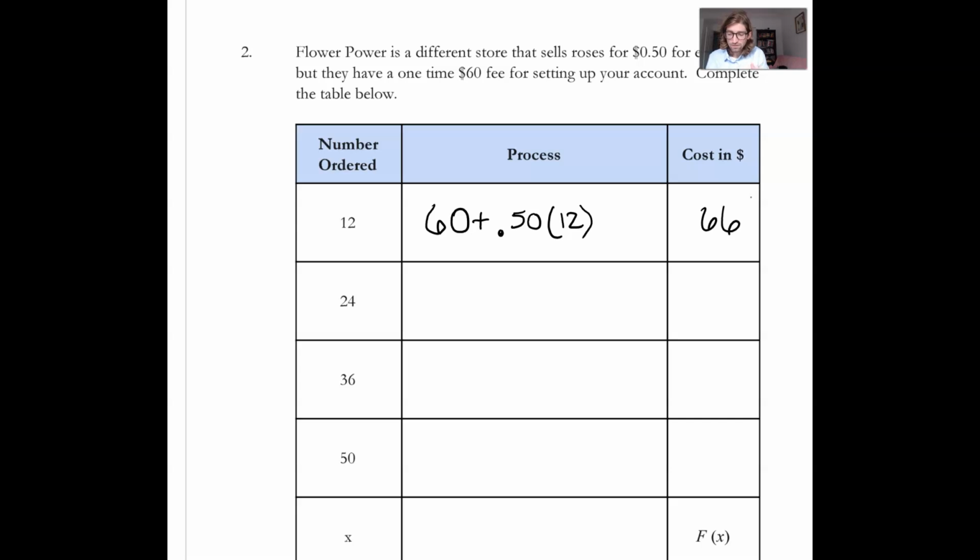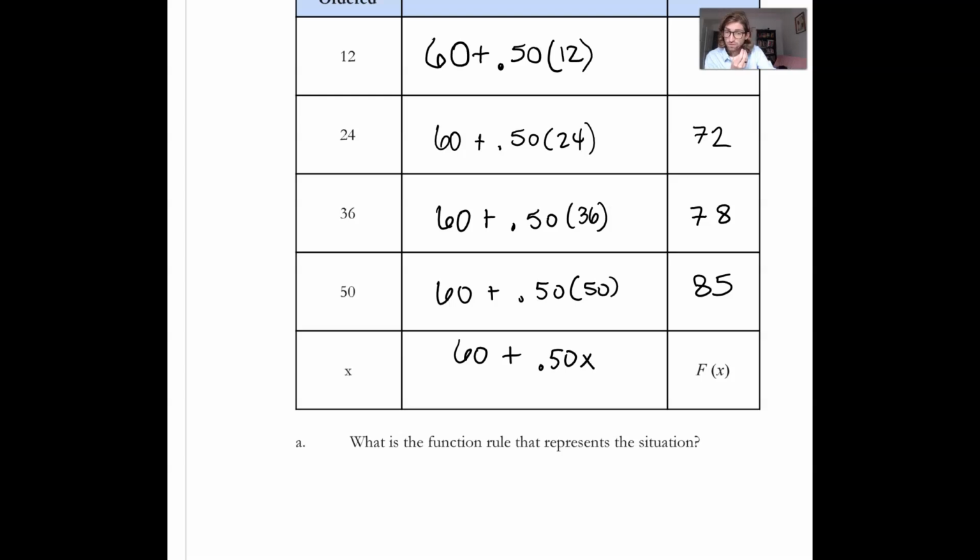I want you to use the idea from the last table. I want you to see if you can fill in everything. When you come back, I'll have the answers for you. So what'd you get? Hopefully in every row you have 60 plus 0.5 times the number of roses. So for Flower Power, let's call it f of x.